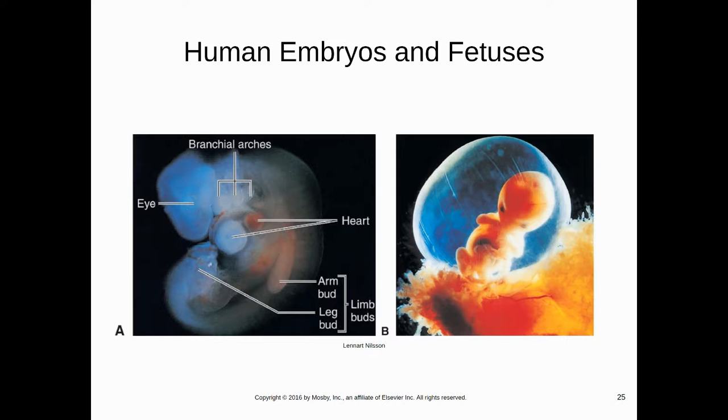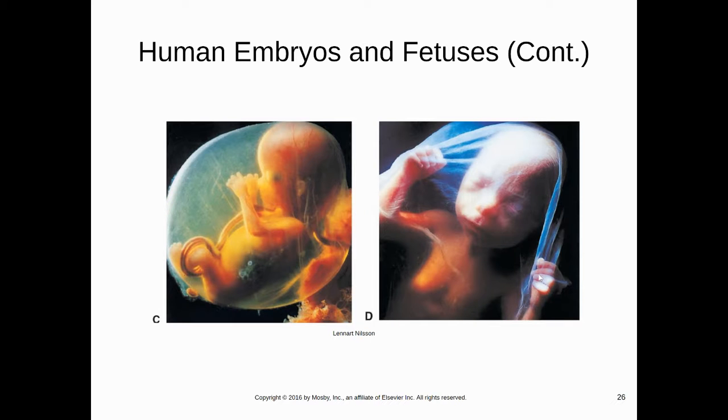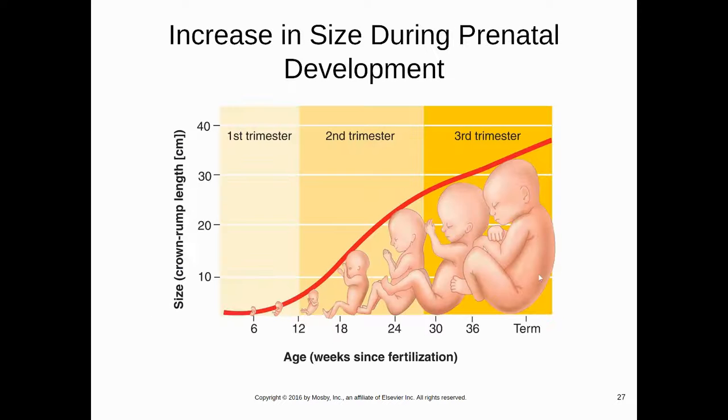Okay, so the first one is going to be the human embryo, and this is going to be more of the fetus. Little cute babies. So during prenatal development, in your first trimester, again, they're very, very tiny. A lot of times you can get birthing trackers that will tell you the exact size of your baby, and again, these are in centimeters.